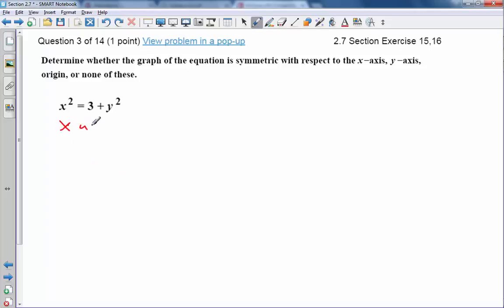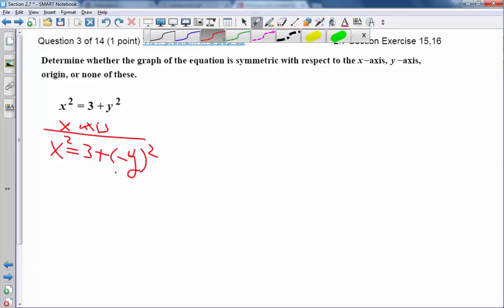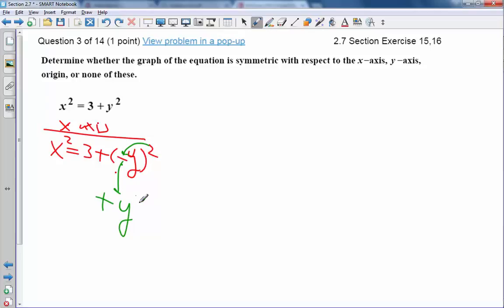X-axis symmetry. You need to flip y with minus y, I'm just doing this quickly. Question is, can I get back to the original y when I square this? This minus is going to be taken care of, and it's going to be plus y squared, 3x squared, so x-axis is yes.